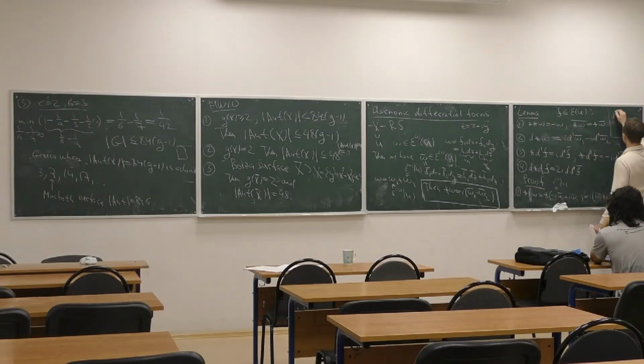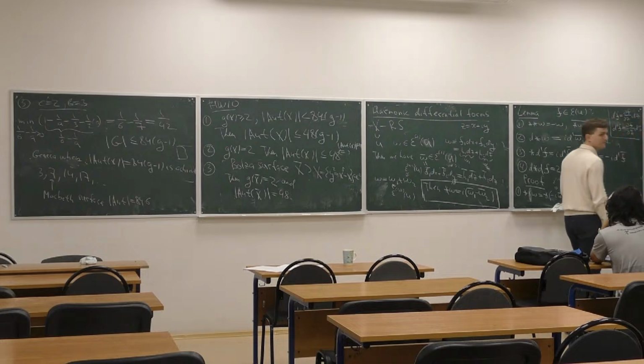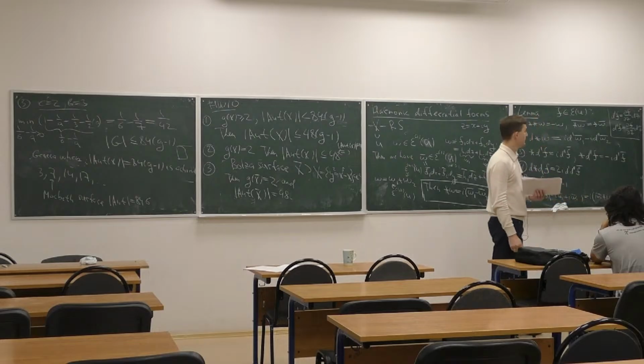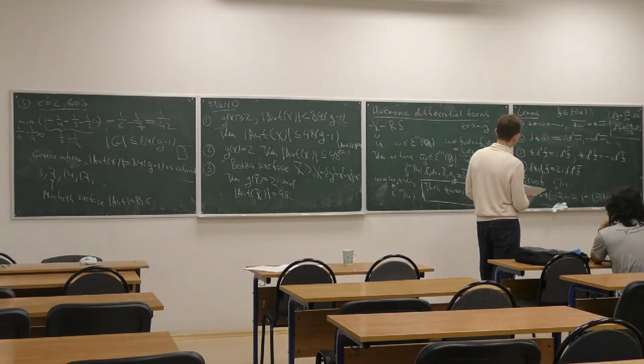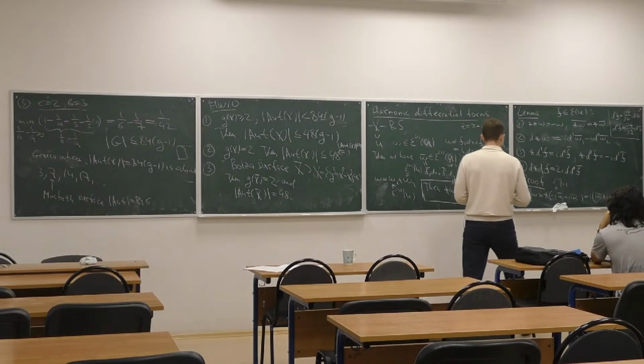Yeah, d prime f is df dz dz, and d double prime f is df dz bar dz bar.